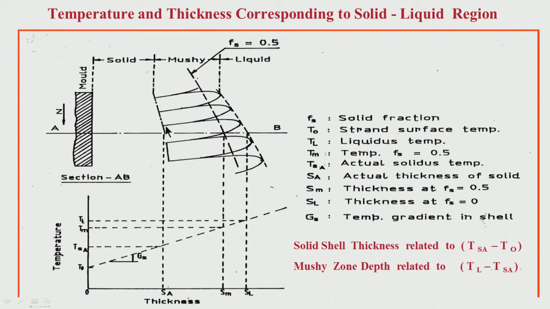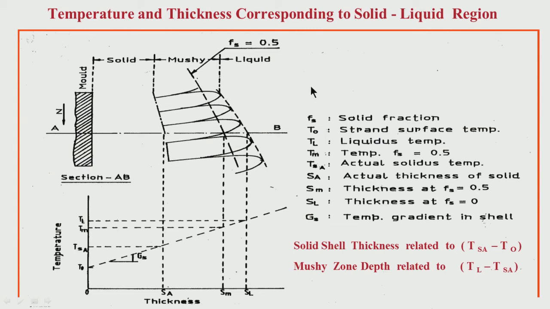So, this point corresponds to the actual solidus temperature. This is TL, that means the liquidus temperature. The difference between the liquidus temperature and the actual solidus temperature will dictate the mushy zone depth. The lower the actual solidus temperature, the wider the mushy zone will be.